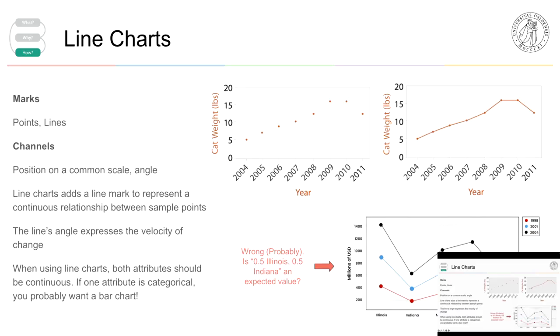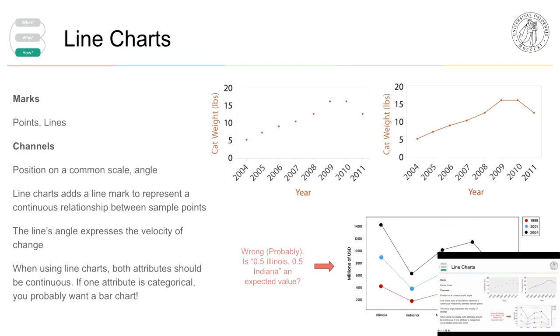And this line will represent a continuous relationship between sample points. Let's say for instance, you have weighed it in 2004 and in 2005. Now, when you have added a line, you can actually say the weight of the cat halfway between 2004 and 2005 by looking at the line.